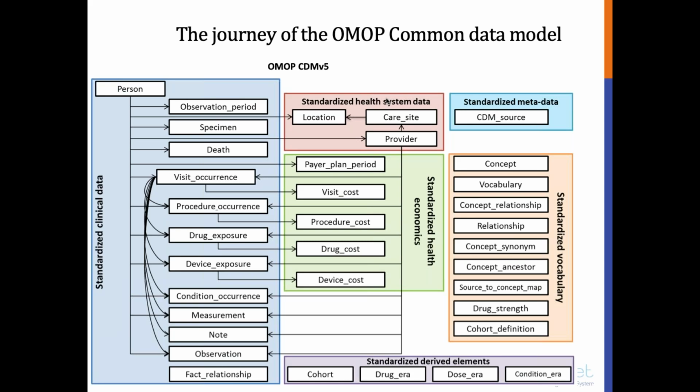We'll talk more about that later. The other key is on the right. The columns that are the boxes that are in orange and purple. Part of what we do is we standardize the terms we use and the way we derive elements so that you can ask a question without having to know exactly how Seattle or CHOP or Cincinnati or Colorado answered it.